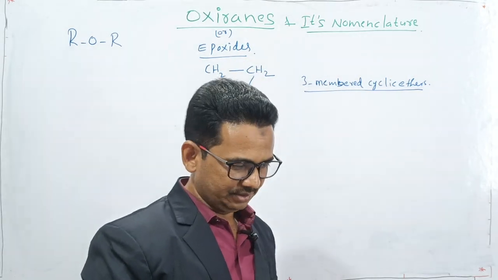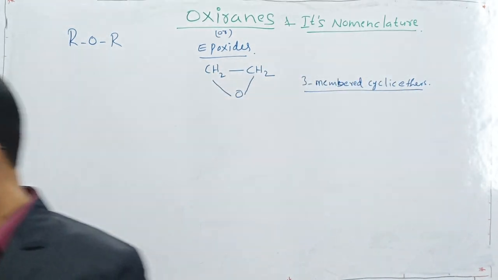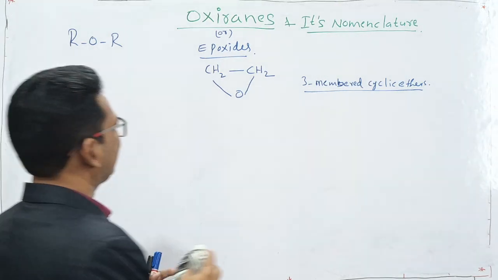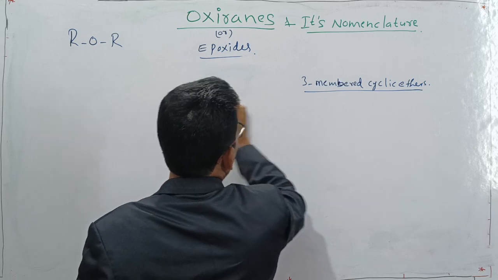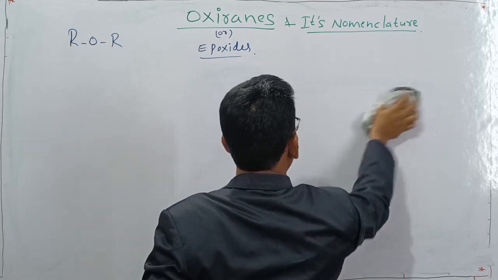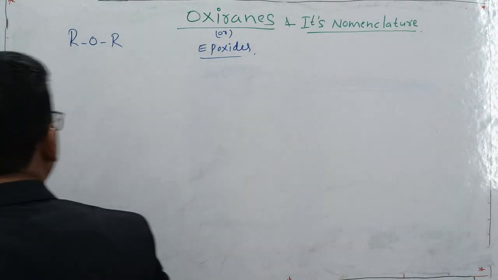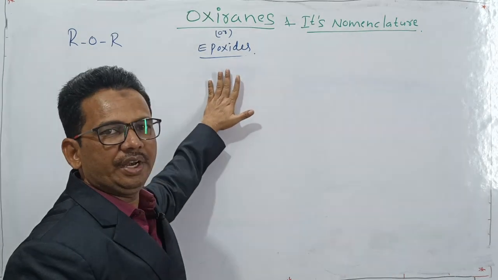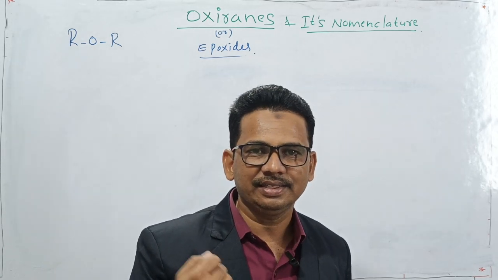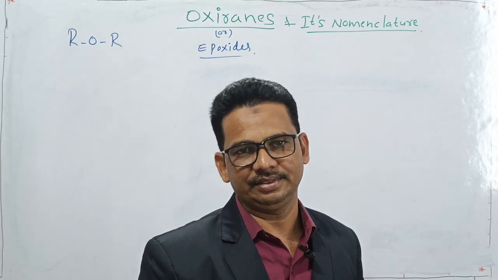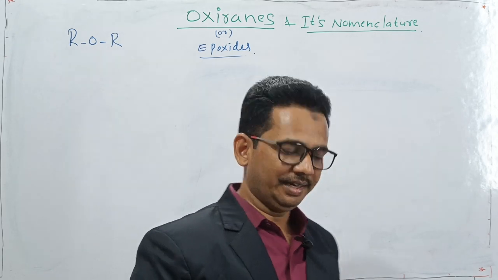For this, two types of nomenclature are there. One is the common system, and another one is the IUPAC system. Common nomenclature I will tell you first. These oxiranes or epoxides are derived from alkenes. From where are we preparing them? From alkenes. These are alkene derivatives.